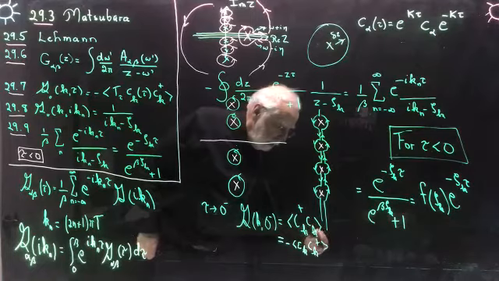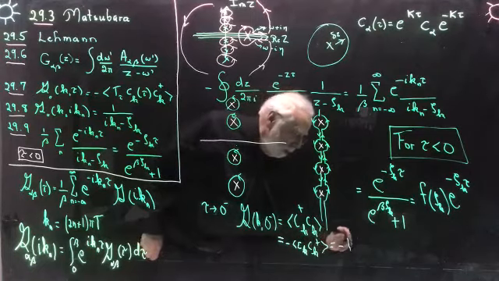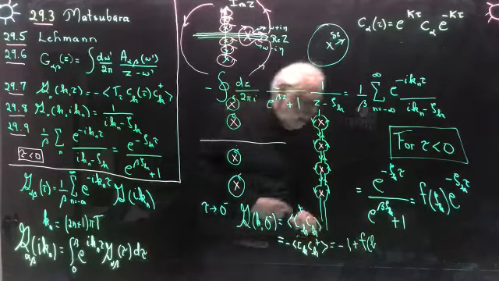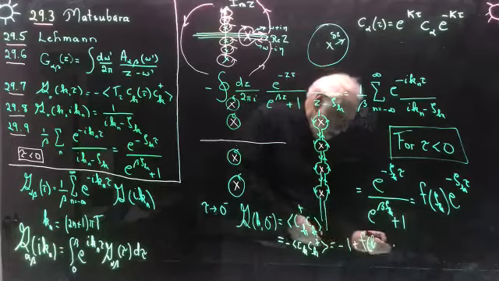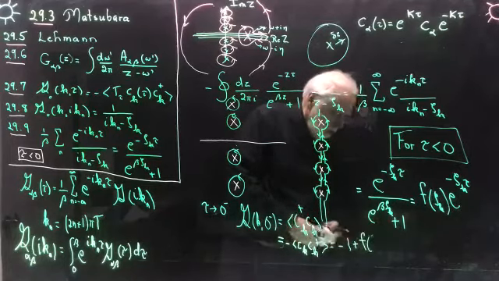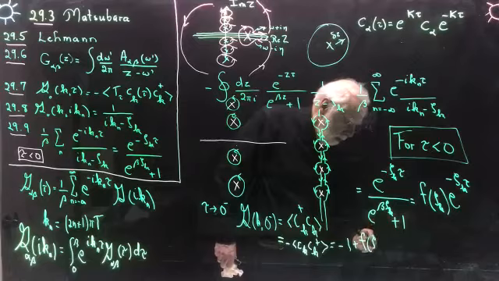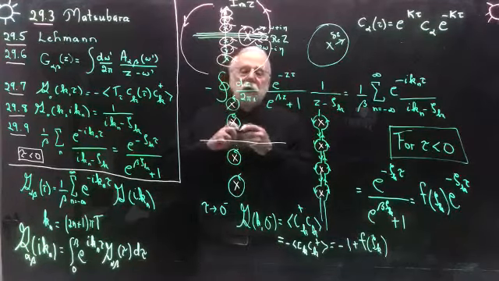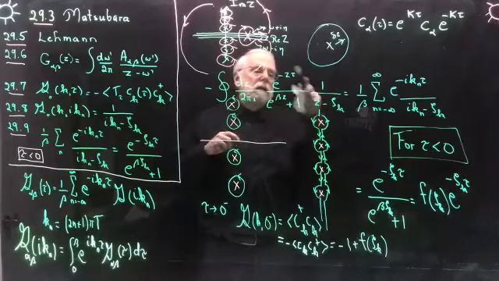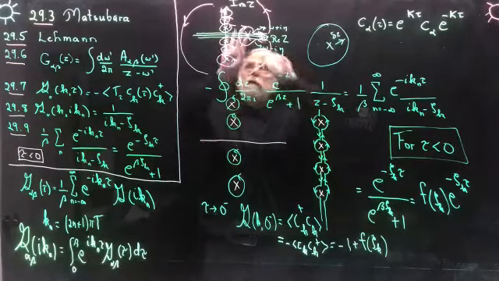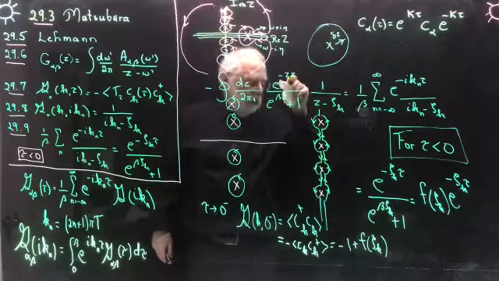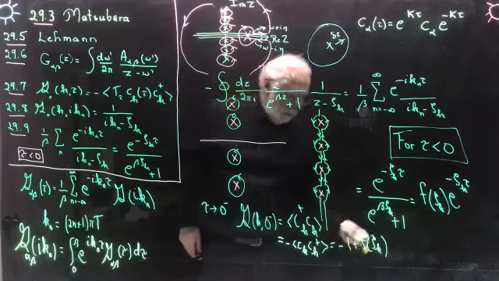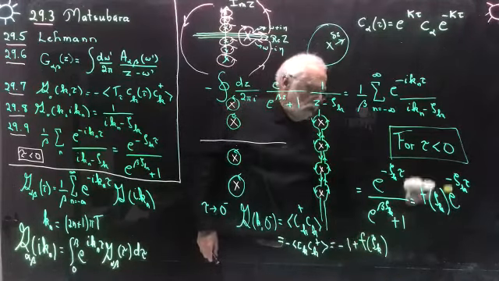So using the anti-commutation, this is minus 1 plus the Fermi function, f of z, okay? And if you look at the function that you need here to have everything converge at infinity when tau is positive, you will see that the function that you need is precisely the Fermi function minus 1. So everything will work out.